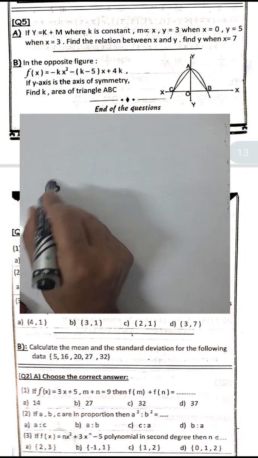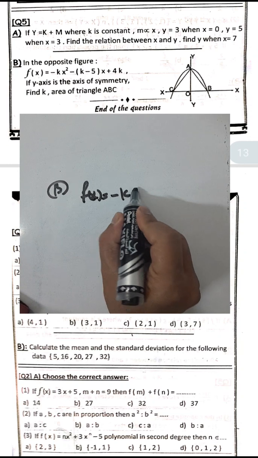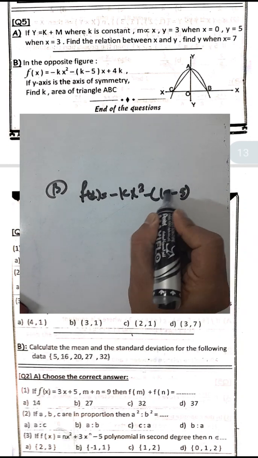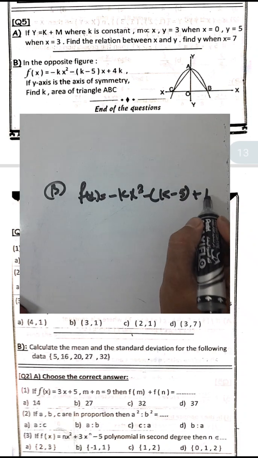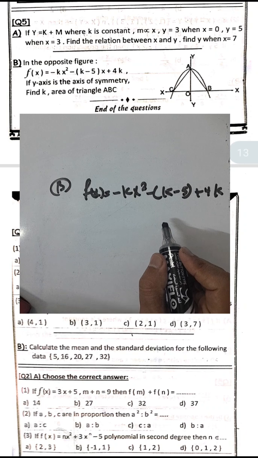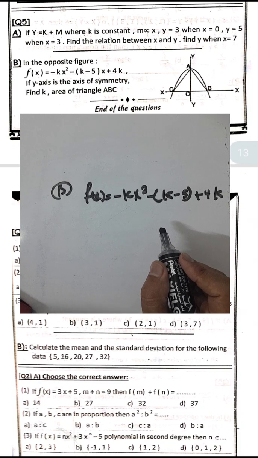Question letter B. We have f of x equals negative k x power 2 subtract (k minus 5) plus 4k. We have the y axis as the axis of symmetry. Find k and the area of the triangle.